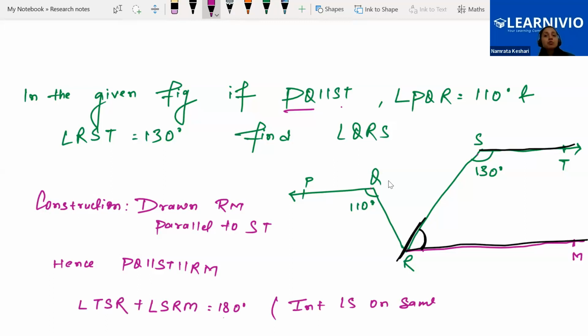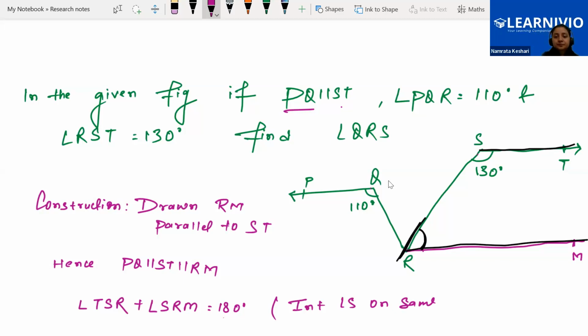So if in an MCQ this type of question comes, with options A, complementary with each other, option B, supplementary with each other, whatever be the option, you have to mark it: these two angles added together is 180, hence supplementary with each other.